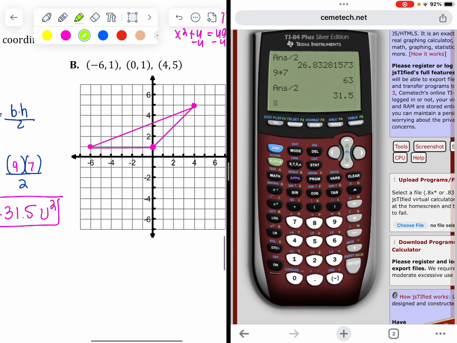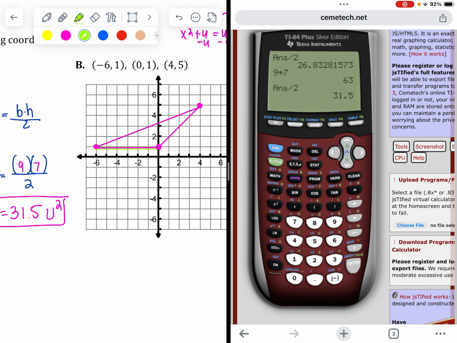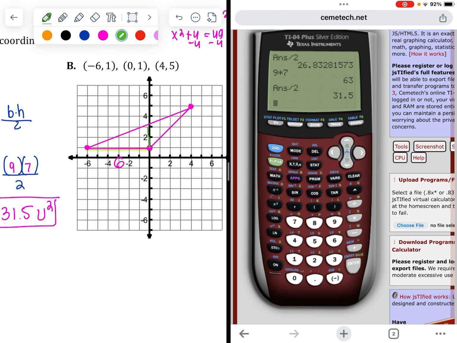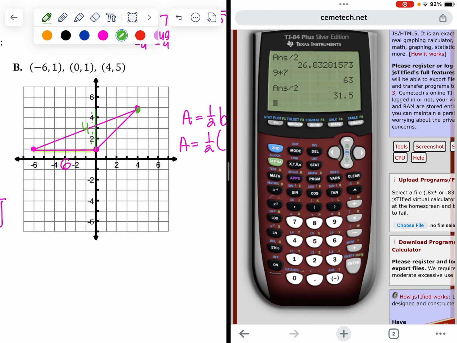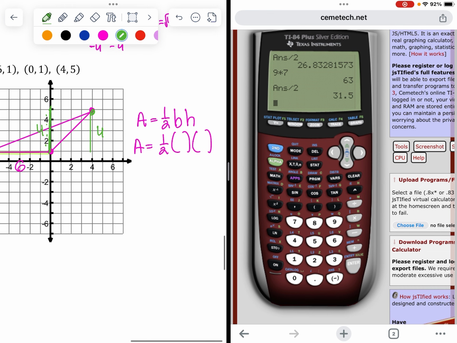So my base is 1, 2, 3, 4, 5, 6. And my height is 1, 2, 3, 4. Remember, I need to come from my vertex, which is opposite of that, and drop it to the base. This altitude is outside, so it's 4. I counted from here because I just looked how tall from the bottom to the top of the triangle is. So the base is 6, and the height is 4. Area equals 12 units squared.